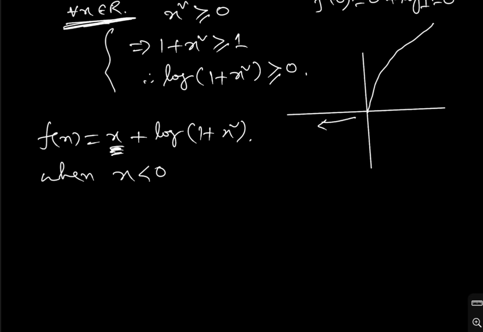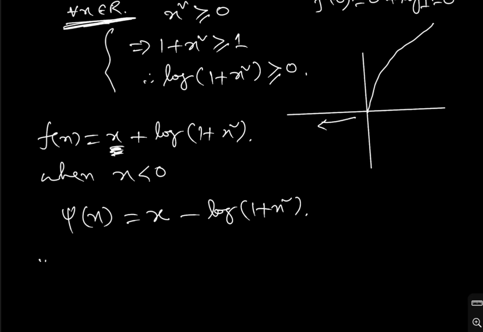To see whose absolute value, x or log of 1 plus x square, is larger, let's construct a function psi of x equal to x minus log of 1 plus x square.